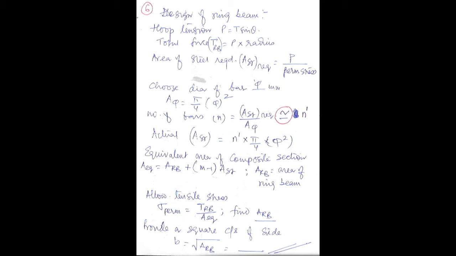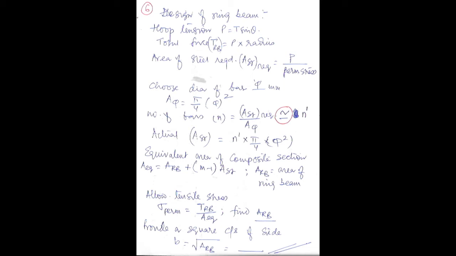Now choose the diameter of the bar as 5 millimeter. You assume any diameter, and then area of one bar is A phi equal to pi by 4 into phi square. Now number of bars, how can we find? We know the total requirement, AST required, divided by individual bar area. So from there we can find out the number of bars.